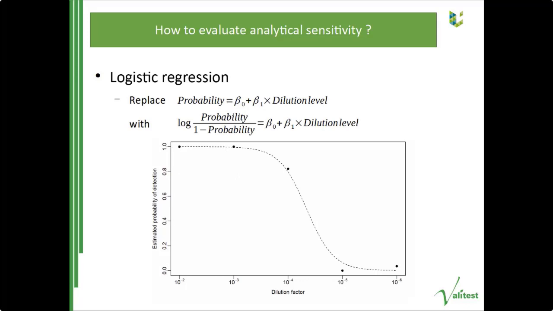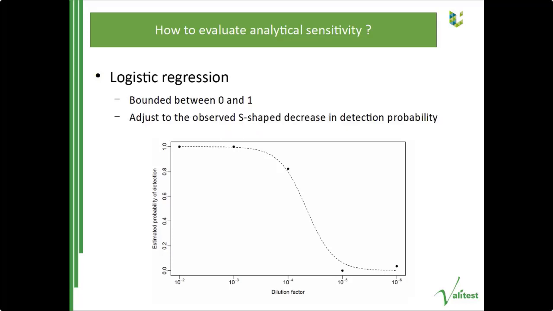It replaces the classical formula of linear regression, probability equals beta 0 plus beta 1 multiplied by the dilution level, by another, where the probability is first transformed by a function called the logit, which is the log of the probability divided by 1 minus the probability. We can see now that the new model is bounded between 0 and 1, and it fits well to the observed S-shaped decrease of the detection probability.